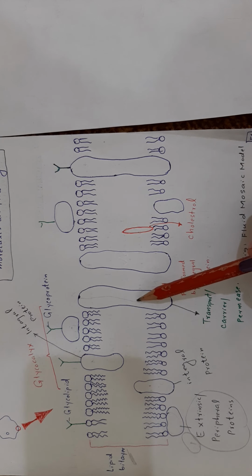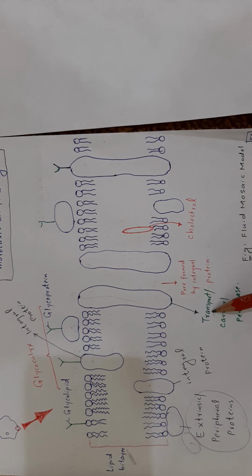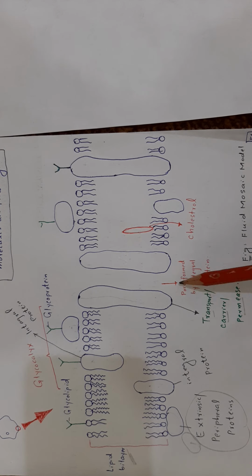These wholly embedded, completely embedded intrinsic proteins are also called transport proteins or carrier proteins, or they are also known as permeases. This is a pore formed by integral protein.